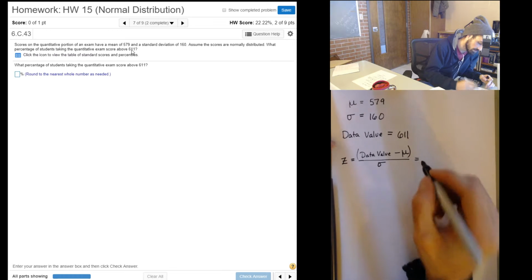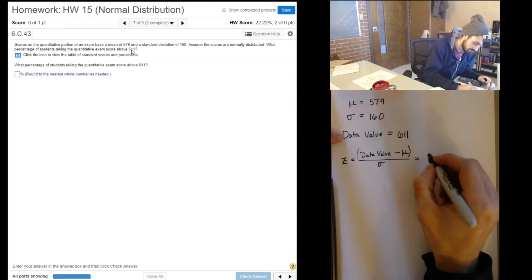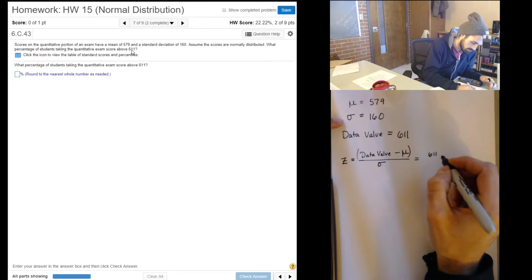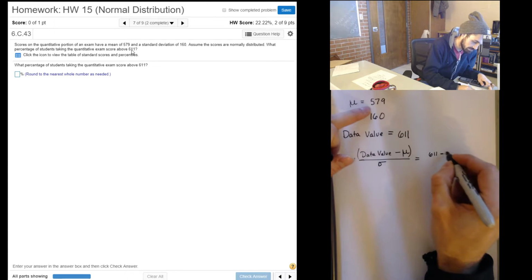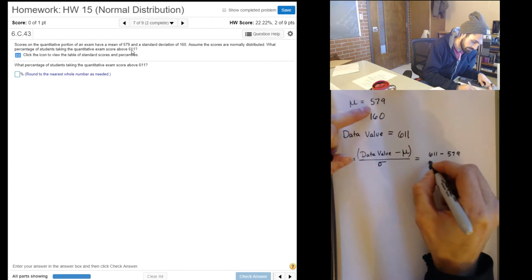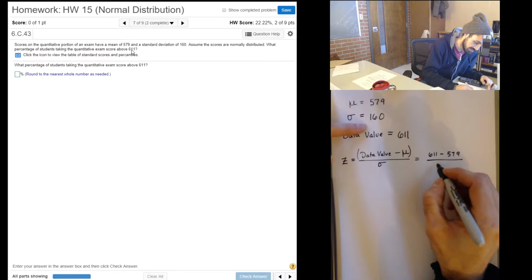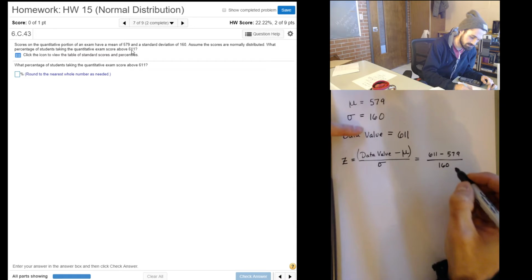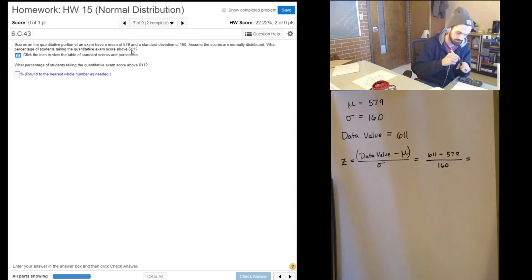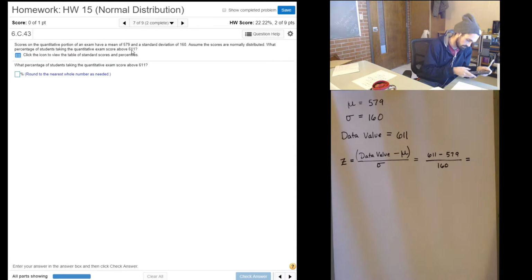So let's fill out this equation. So data value, that's 611, minus the average, which is 579. Divide the result by sigma, which is your standard deviation. So 611 minus 579, divide the result by 160 to get 0.2.